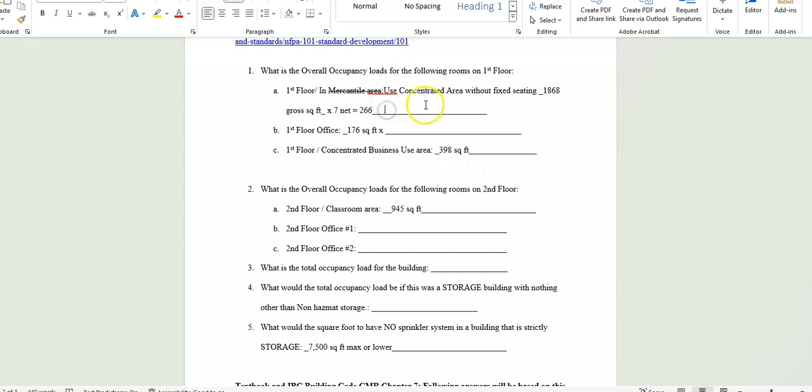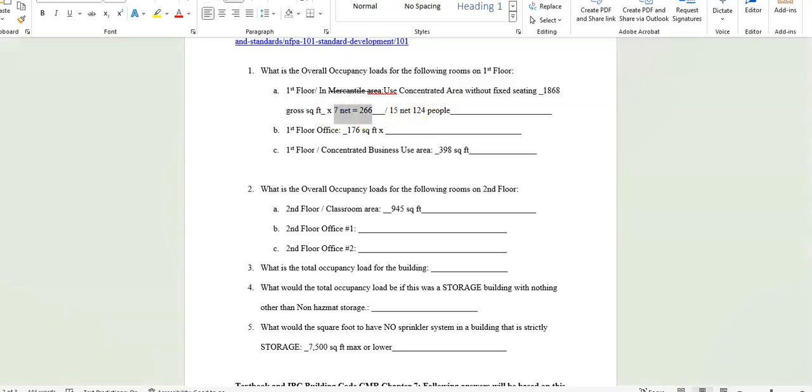I like that one better. So if we did the 15 net, then our minimum occupancy load is going to be 124 people for this space. Great, so we're going to use the 15 net.